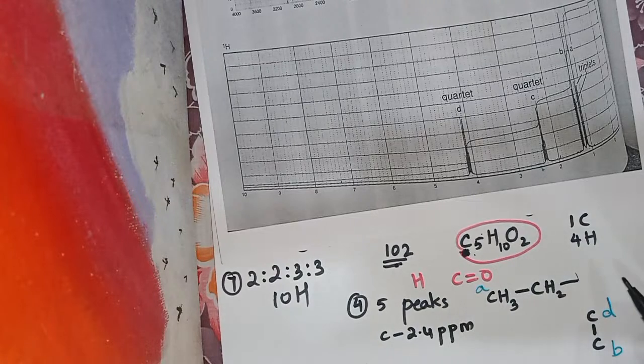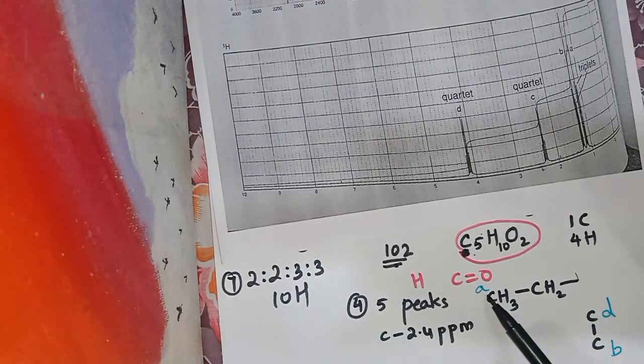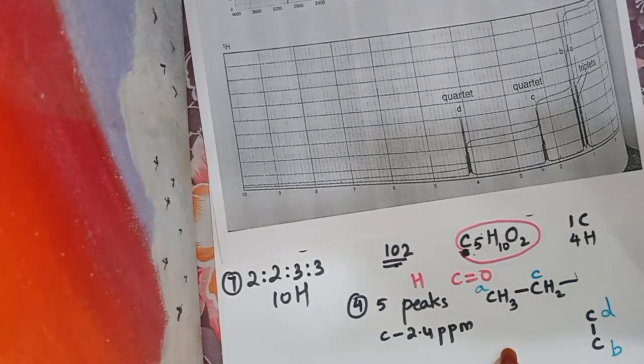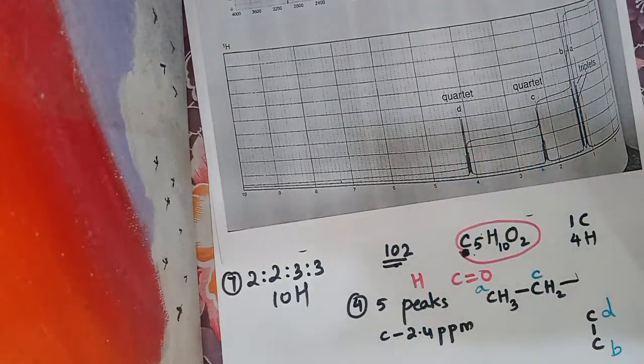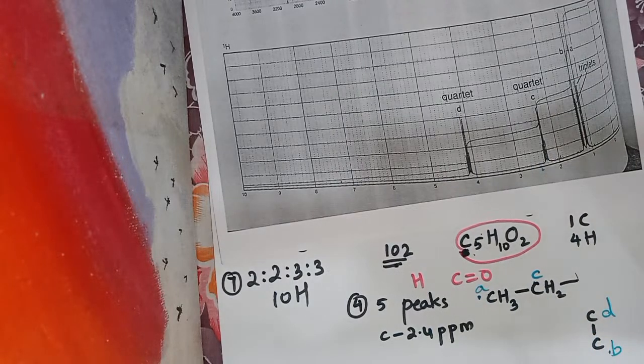It results from the proton on carbon A. So C results from A. Therefore, this one is C. Now we have got all of them, A, B, C and D. So the structure that remains over here is two oxygens.